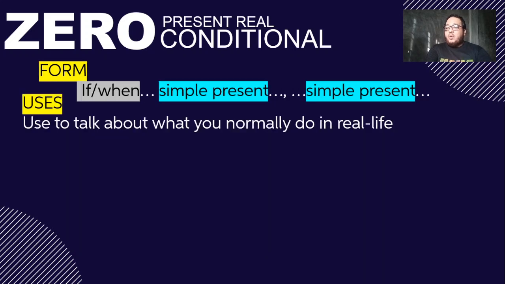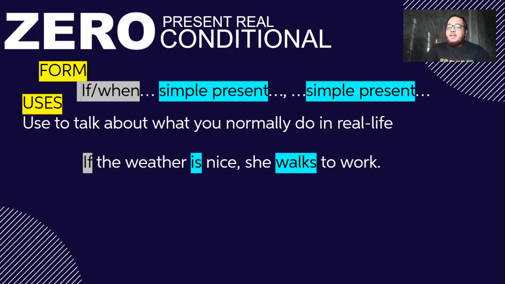Now let's get going on zero conditional, on how you use zero conditional in a normal real life situation. Let's have this example. If the weather is nice, she walks to work. Again, it follows the pattern if, simple present, and simple present in the main clause.